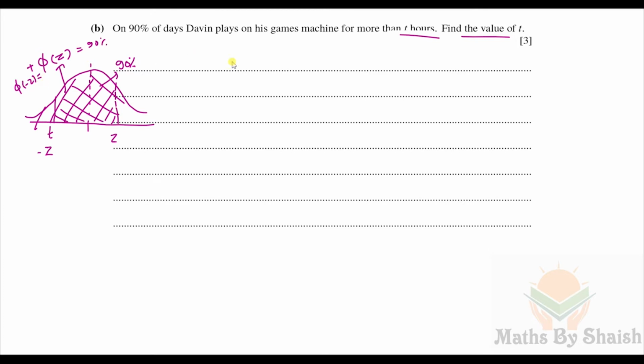So from here we can write this situation, and we know that time t was normally distributed with 3.5 and 0.9 squared parameters. So the probability of t more than little t is given as 90%, 0.90.